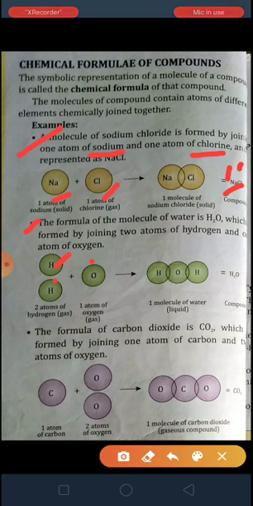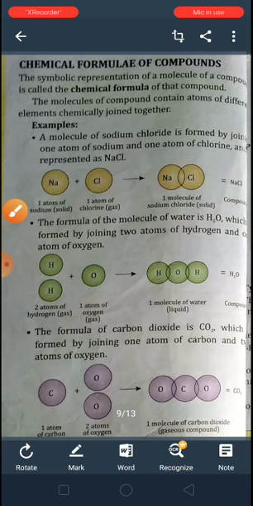Because here there are two atoms of hydrogen, that's why H2, and one atom of oxygen, that's why only O. So the chemical formula of water is H2O.